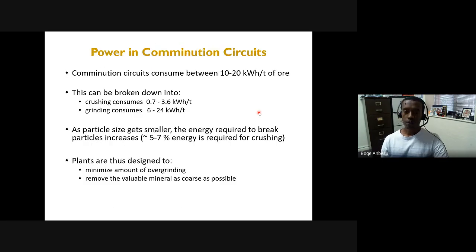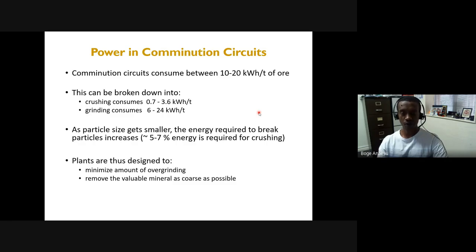Okay, in terms of power consumption, crushing doesn't take a lot of power, but grinding consumes more. In fact, more than 90% of the energy in a given operation is consumed on the grinding part. Only about 10% or less is consumed on the crushing part.